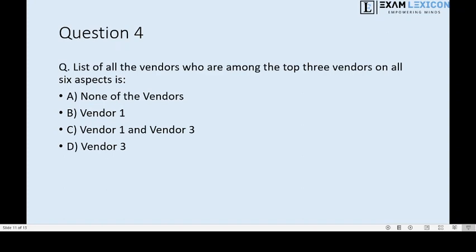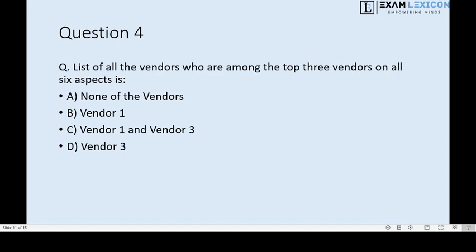List all the vendors who are among the top 3 vendors on all 6 aspects. Okay, again guys, there are 2 ways to solve this question. First, just calculate from the diagram which vendors are in the top 3 in all the aspects, or we can do it by the elimination method as well. There are only 4 options.